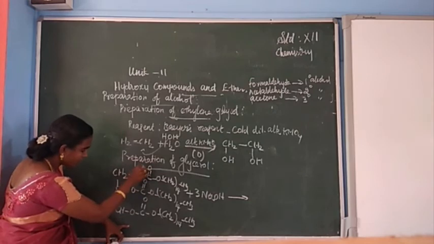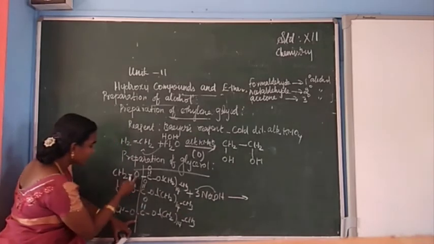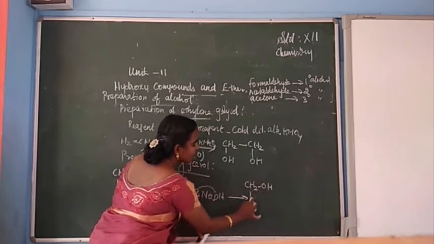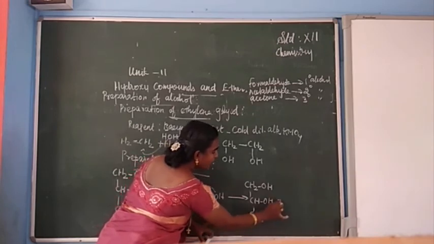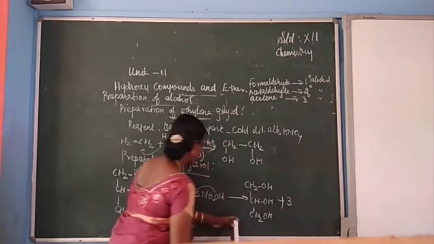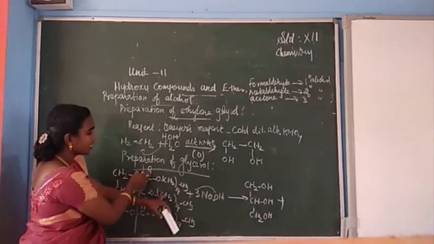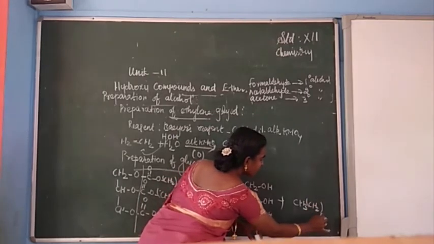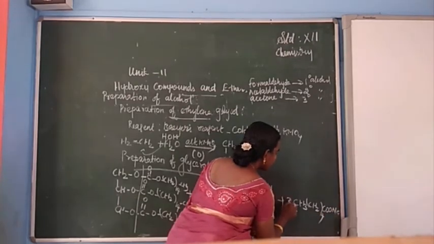On hydrolysis, consider like this, 3 OH groups will be substituted here, then you can get CH2OH, CHOH, CH2OH, and one more product, 3 times, we can write like this, CH3, CH2 14, COONa.